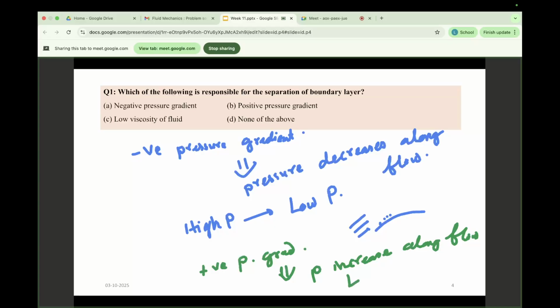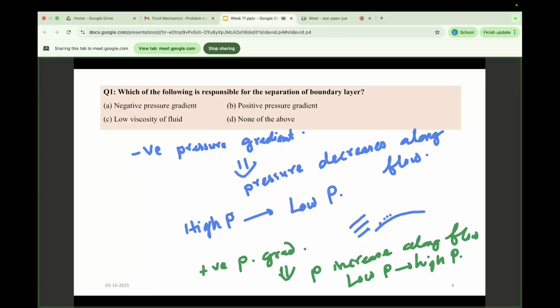So the flow is from low pressure to high pressure, right? So this indicates that the velocity is decreasing, right? So the particle is moving along the surface quite slowly.